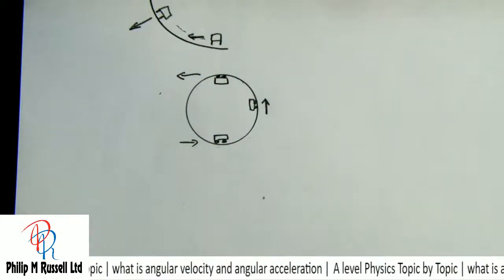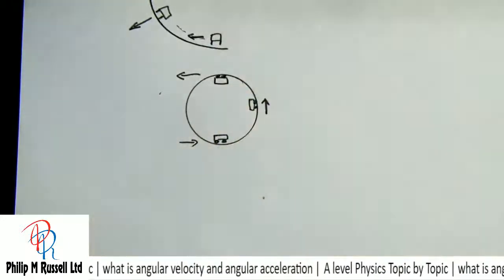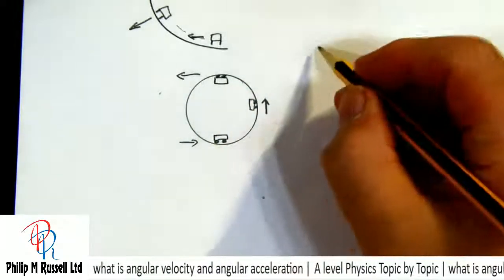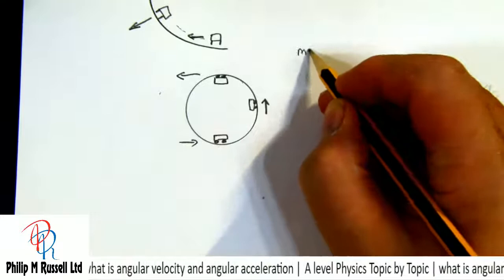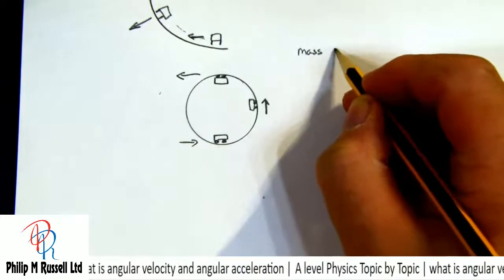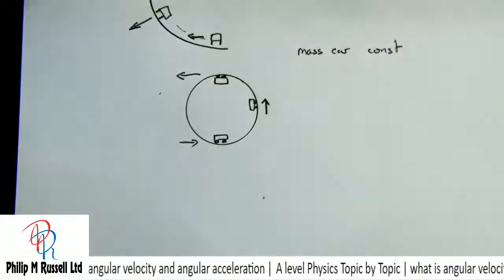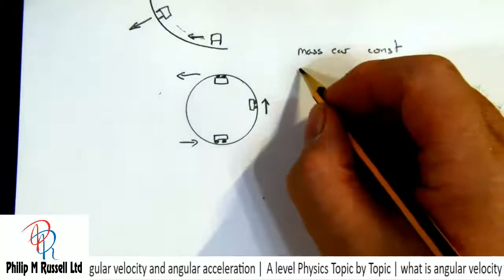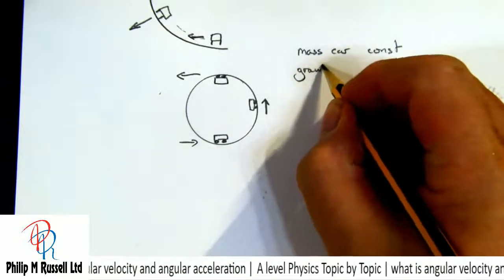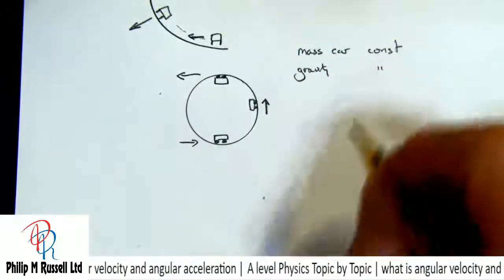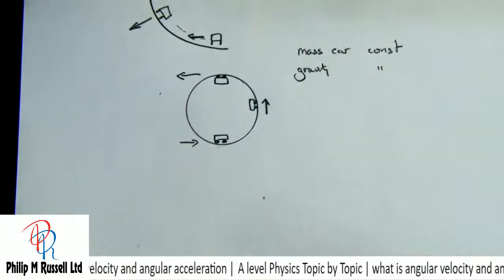So let's see what we know about this. Well, we can say that the mass of the car is going to be constant. We know that gravity is going to be constant as well.